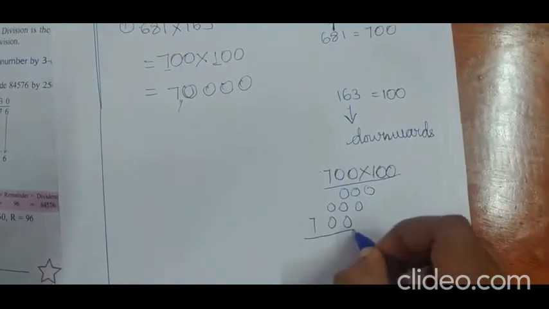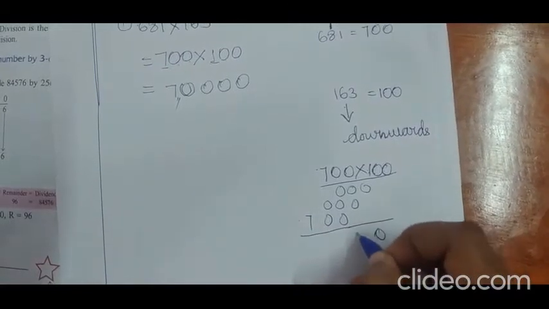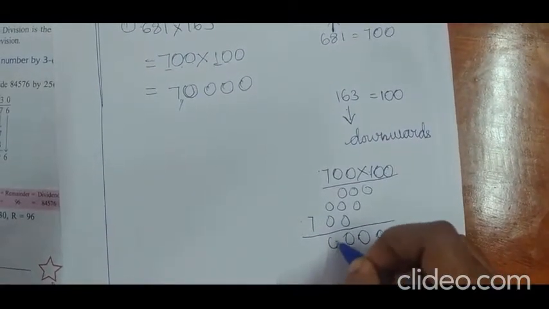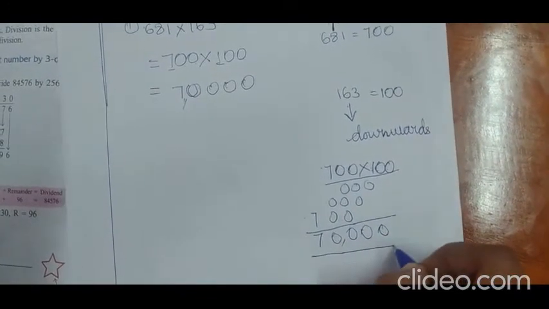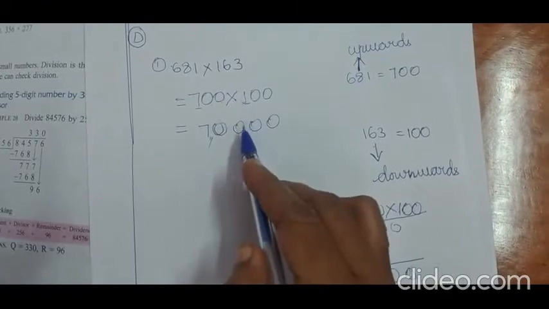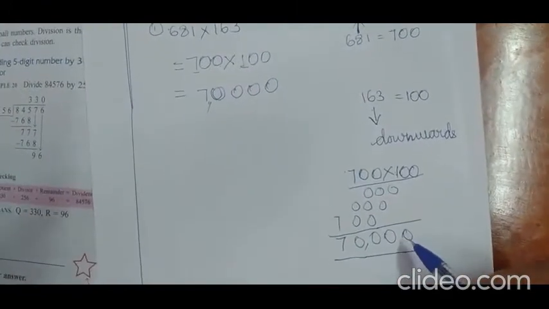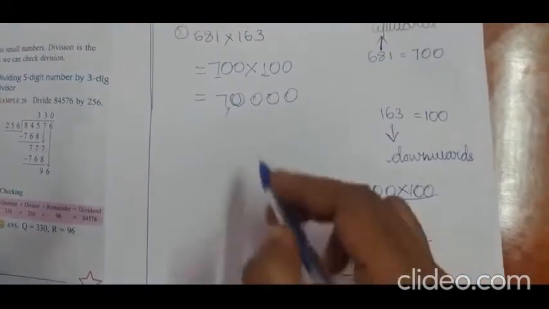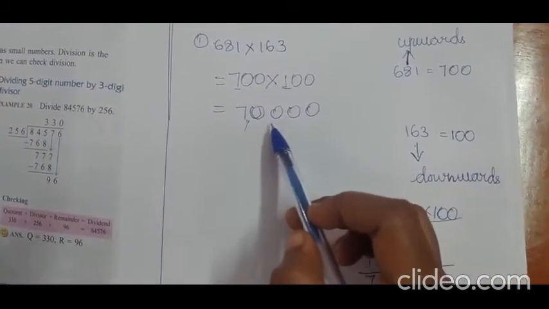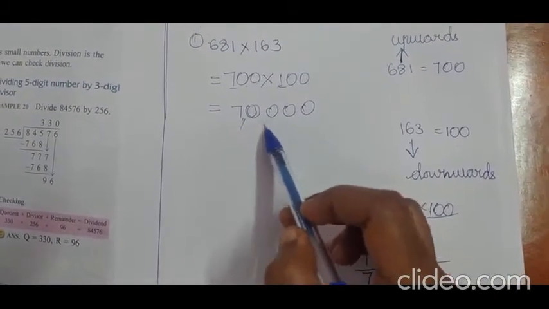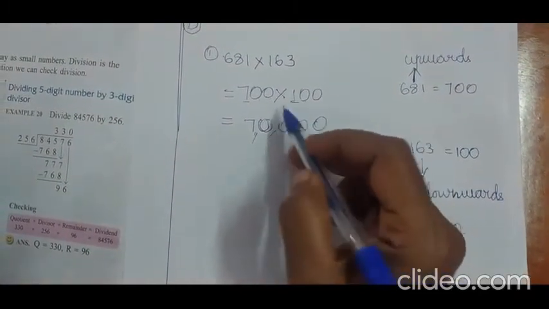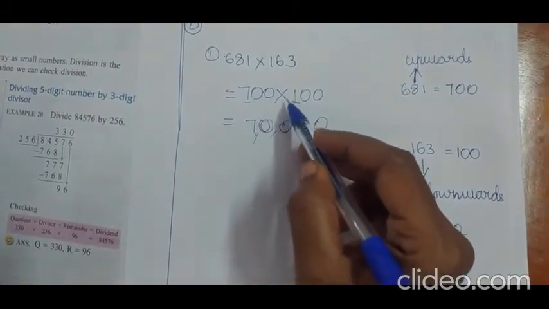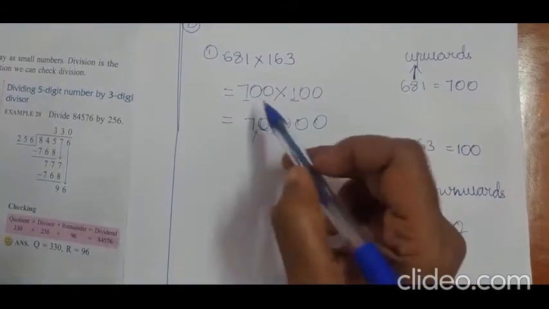Now you can add. What will come? 70,000 only will come. So this is the quick way of multiplying, for numbers with zeros. This is the normal way of multiplying. This is the answer: 700 into 100, 70,000.